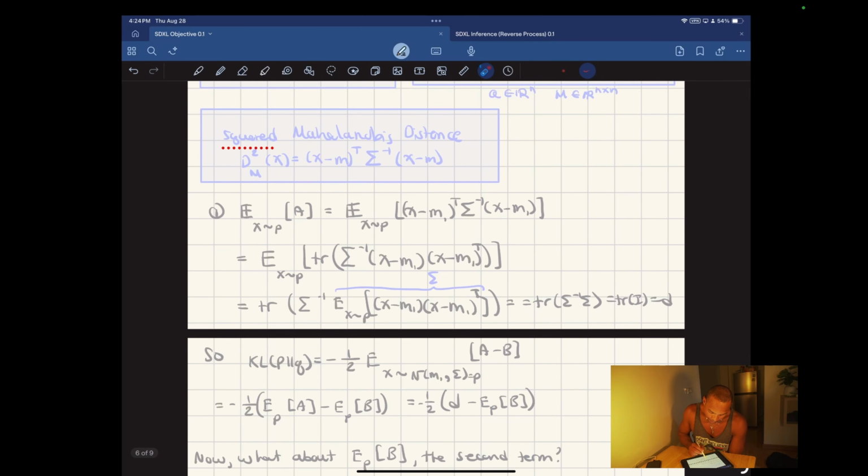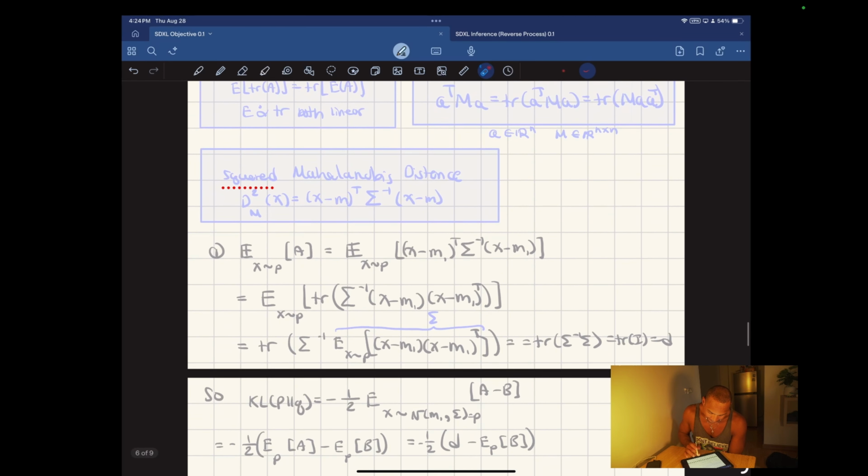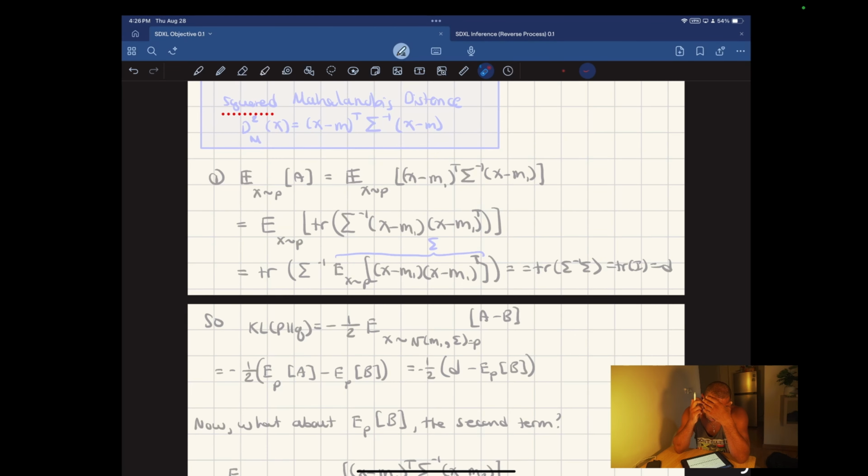Then the expectation of this times this is equal to the covariance.